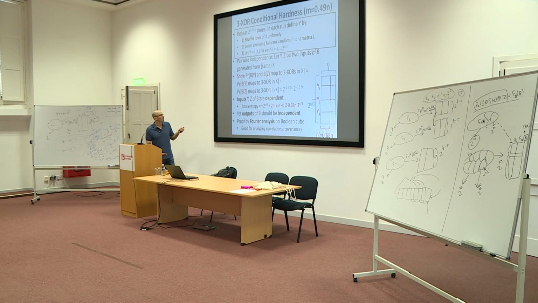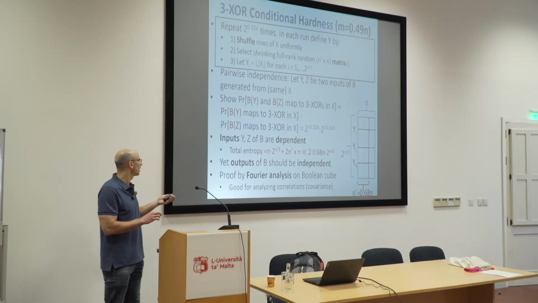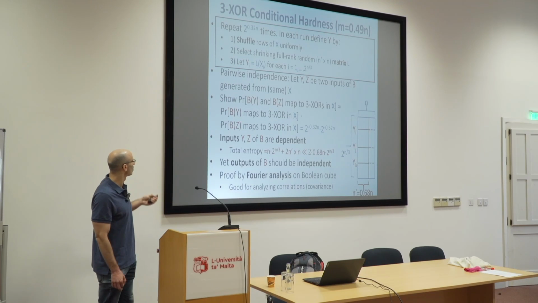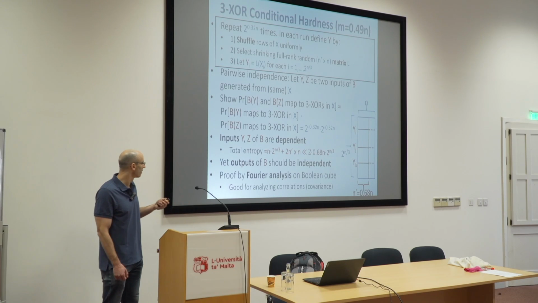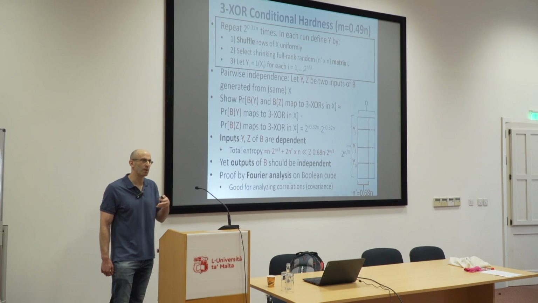Okay, so the first thing we do is show a reduction from B to another function B prime, which takes Boolean input and maps it to the reals.